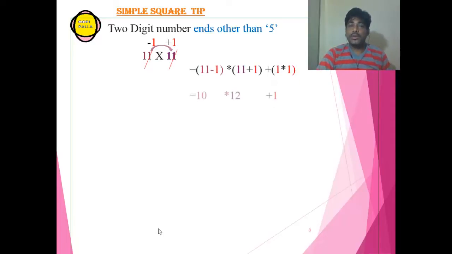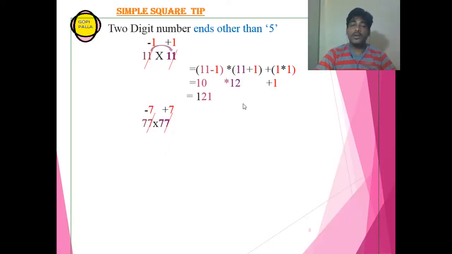We subtract an amount to make it nearer to 10, 100, 1000, 10,000, or 1 lakh, whichever is near. So 11 minus 1 multiplied by 11 plus 1, then we multiply these two numbers and add to this: 10 times 12 plus 1. So the answer is 121.